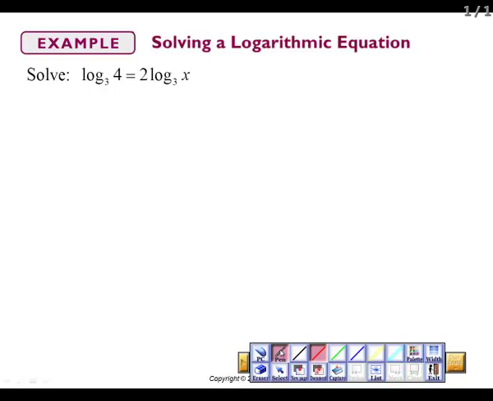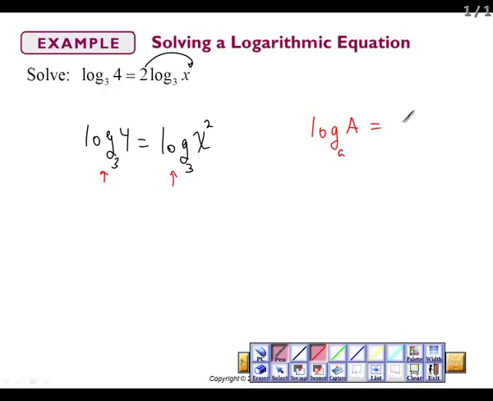And when we do that, here we get log 4 base 3 equals log x squared base 3, and since the logs are the same, that's where we get that log a base a equals log b base a, then a equals b.